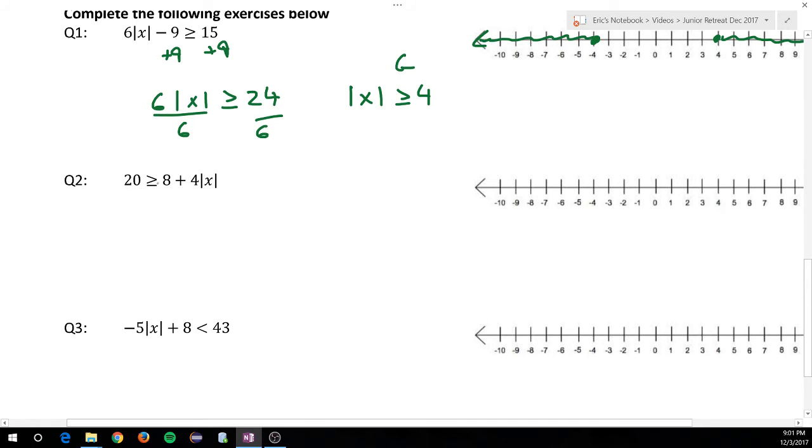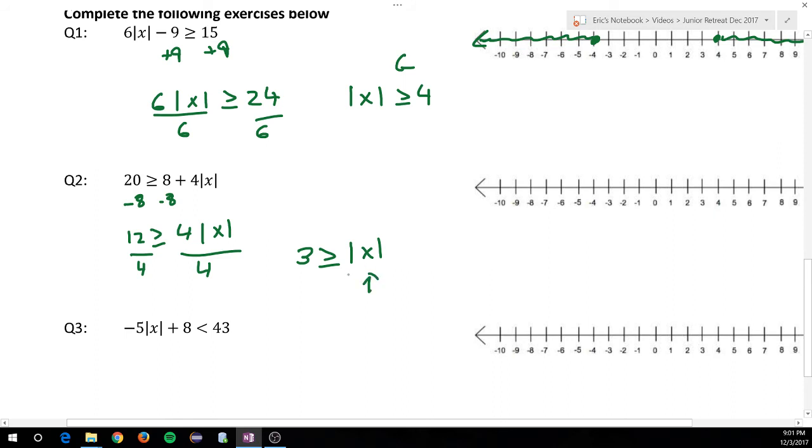Okay, well, this 8 is positive. So I will minus 8 from both sides. 12, and we got 4x. The 4 is being multiplied by the absolute value, so I will divide. And that gives us 3, and here you have it. So again, you want to read from this side.